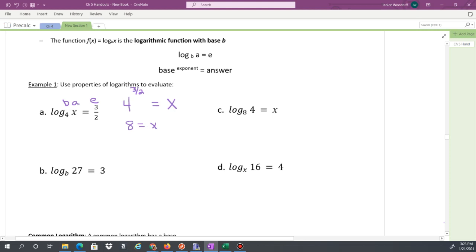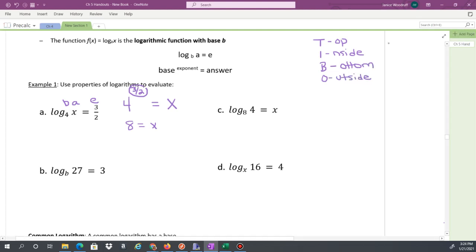Okay, and if you kind of forget what a fractional exponent is, I also have another acronym for you, TIBO, where T stands for the top of an exponent goes inside a radical. The bottom of the fraction in the exponent here goes outside the radical.